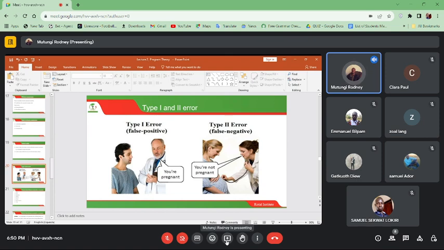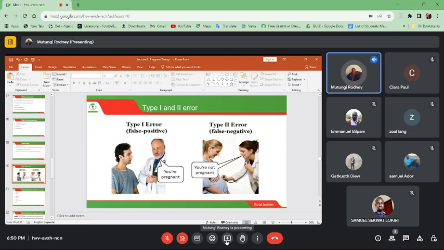And then in type 2 error, you could be saying that there wasn't a good change, or the change wasn't there at all, or the effect was negative, and yet there is a positive change. The illustration is showing that in type 1 error, you have a man being confirmed positive to be pregnant, and yet a man physiologically is not supposed to be pregnant.